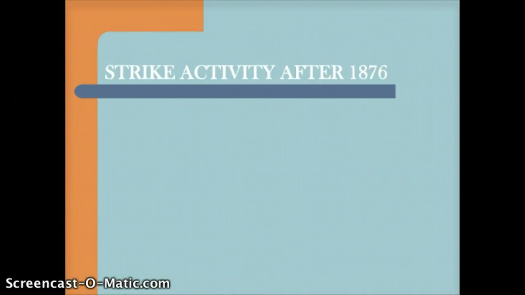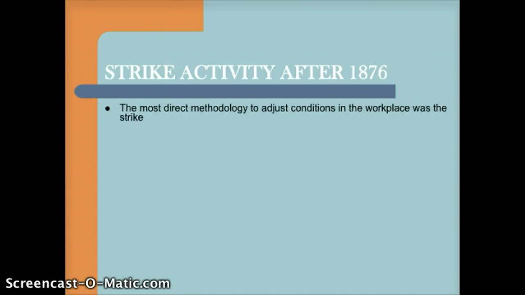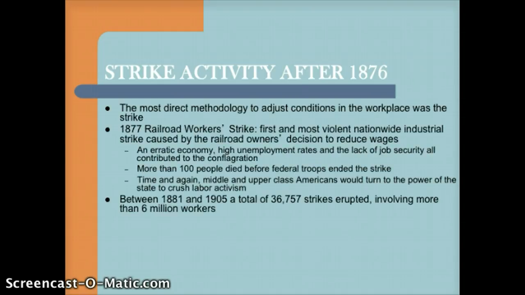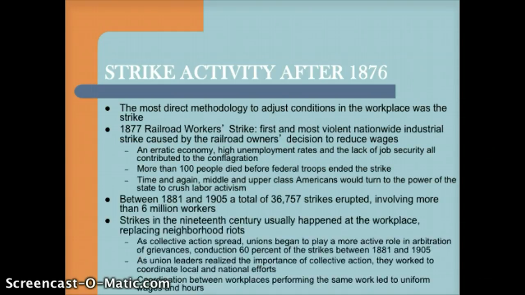Okay, so now let's take a look at some of the strikes themselves. So, your book points out some important facts here, and that is that the most direct method to adjust the working conditions was the strike. It's important to note that there are many other tactics used by unions during this period. We'll talk a little bit more about that when I get into class.